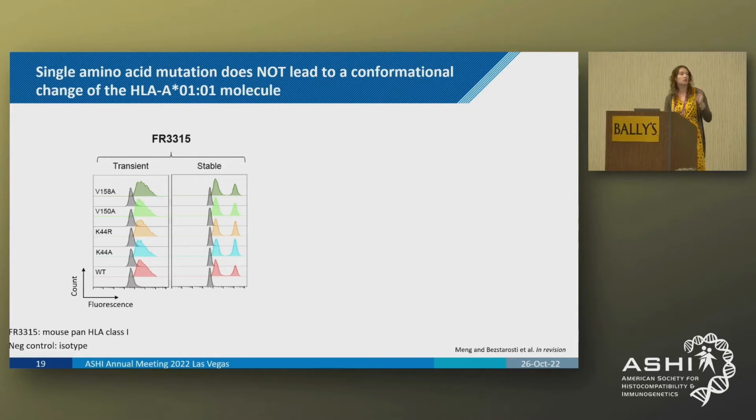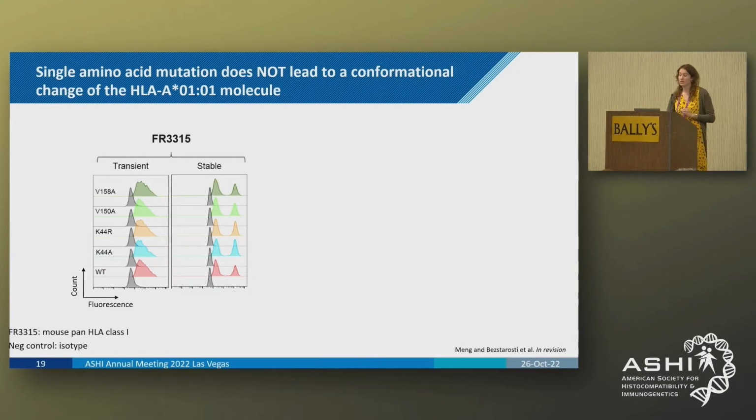Here we see the data from both the transient and the stable pool. We have first the four mutants, and then in red the wild type. In gray we see the negative control, which is the isotype control, and the different colors are all the different mutants. Here you can clearly see that this pan-HLA class 1 antibody still binds to all the different HLA-A1 mutants.